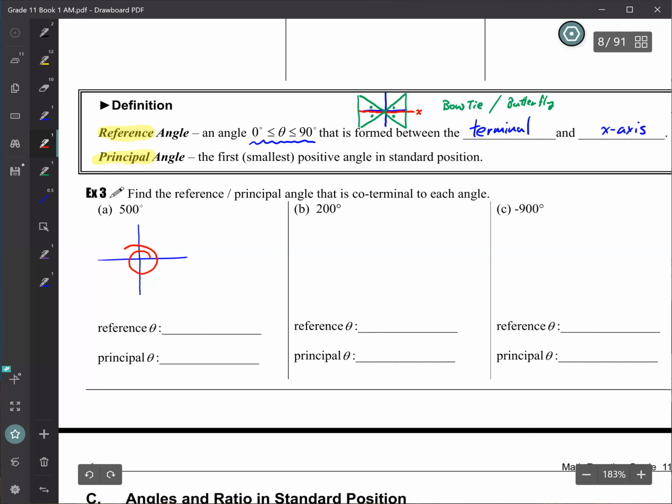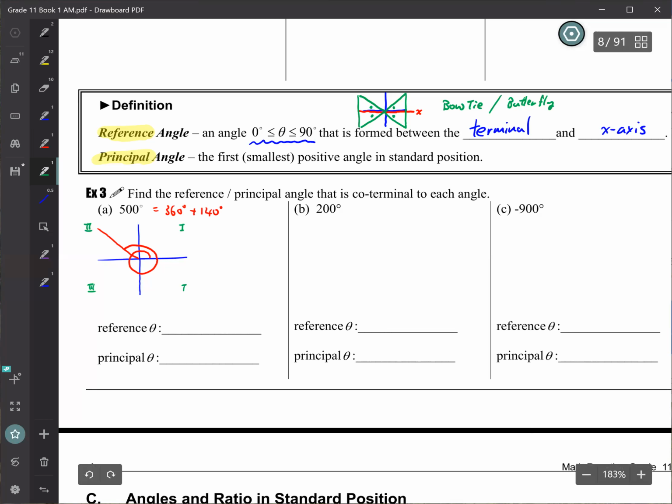Okay, so first you got to figure out where your angle stops. You turn 360, right? 360, but not there yet. You need to add 140 more, okay? Actually, that's what I meant. I just forgot which quadrants is where. Okay, so this is 1, 2, 3.